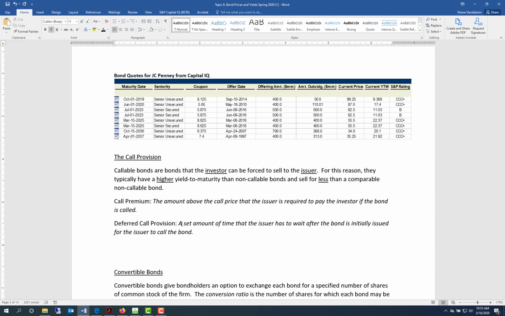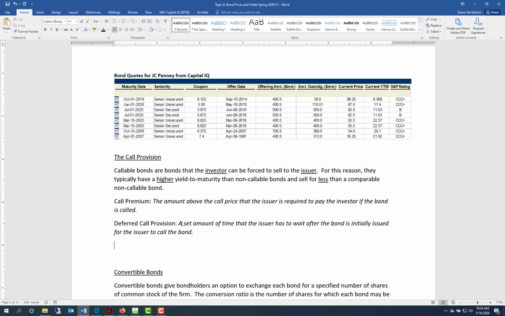And this is a protection for the investor, so they don't go out and buy a bond today, pay the commissions and fees associated with that, and then the next day the issuer says, okay, I'm going to call the bond now. And so you've now lost that bond as the bond investor.